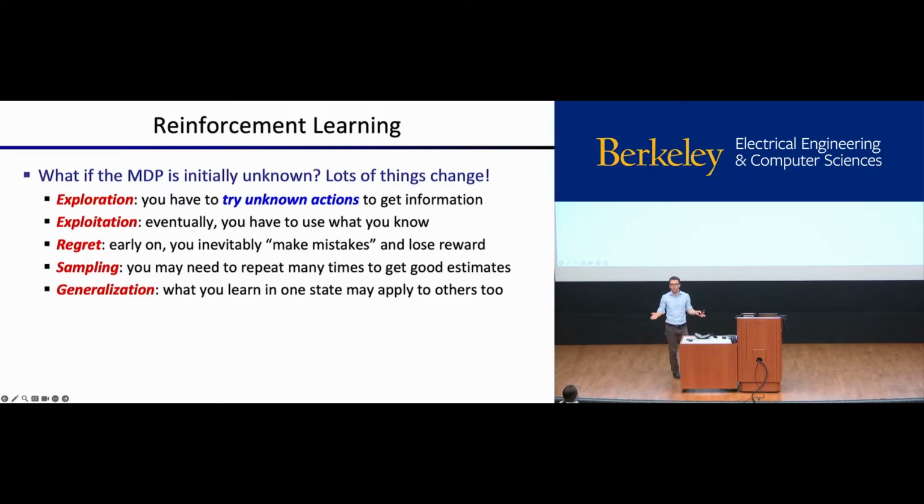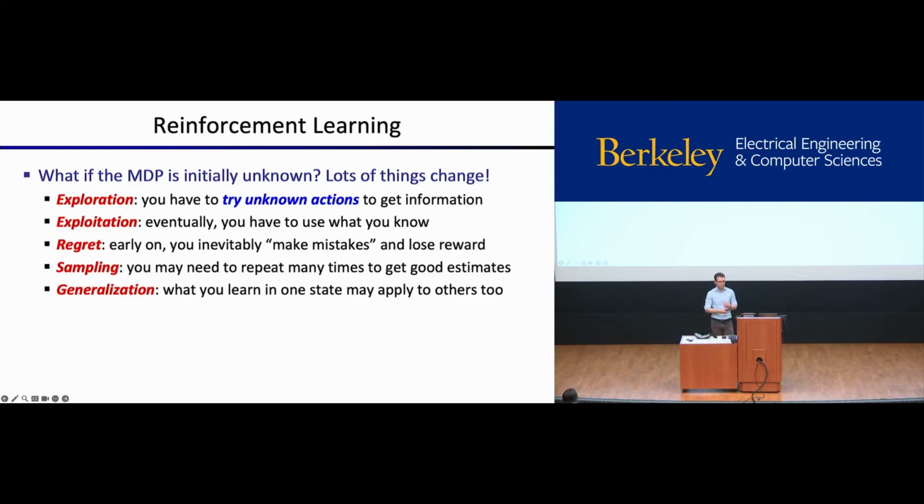Maybe one action is always better than another action, and so we don't need to try that second action in other states. Maybe that would be a useful generalization we could make. So all of these additional complexities get added to the picture once we have this initially unknown MDP situation.